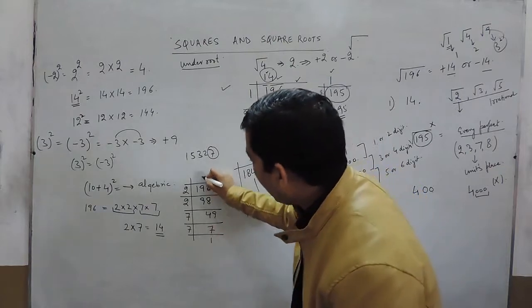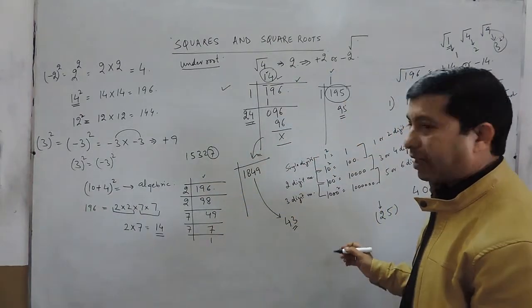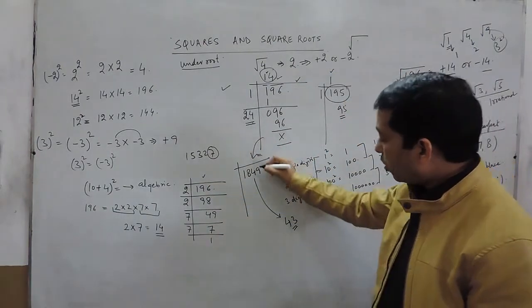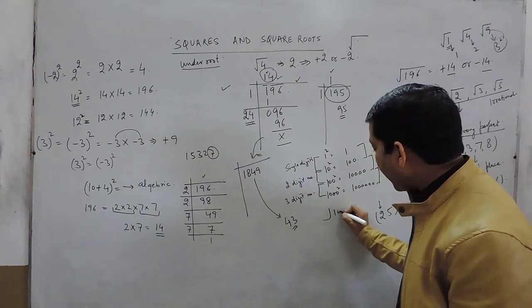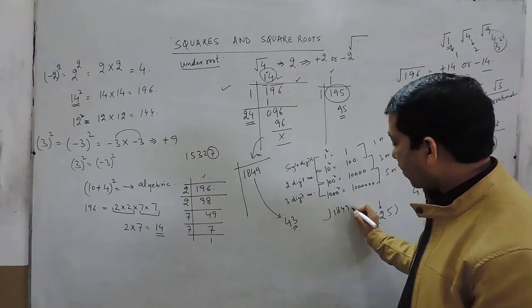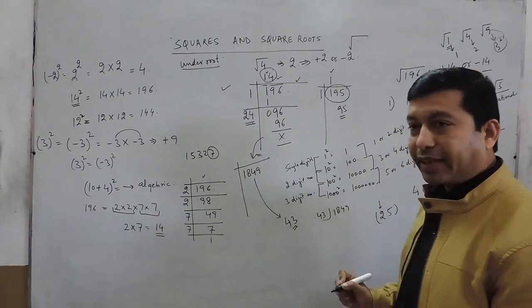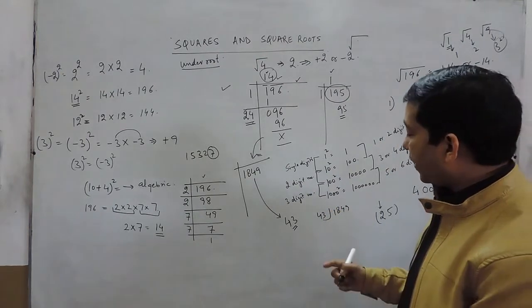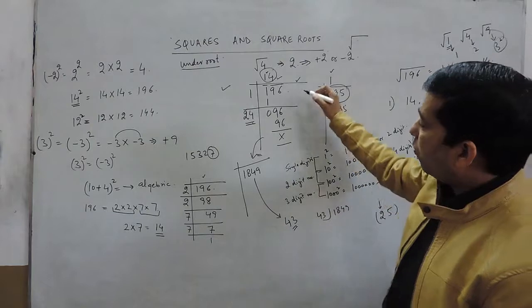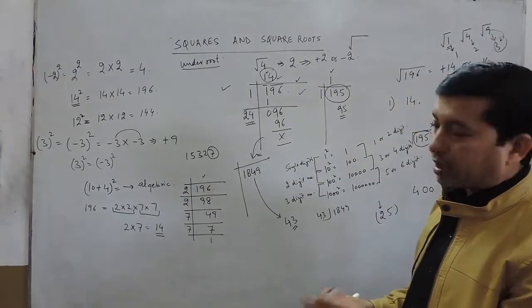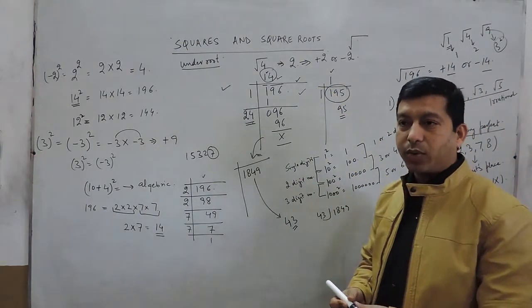If we try to solve it by the prime factorization method, it is very difficult to divide 1849 by a number like 43. So it is very complicated in this case. So we always prefer the long division method for square roots.